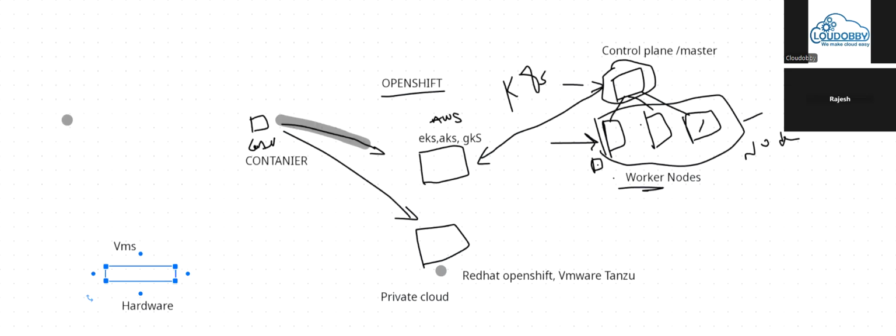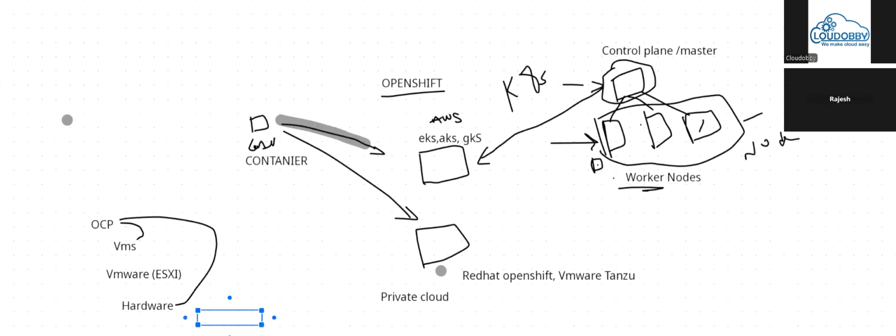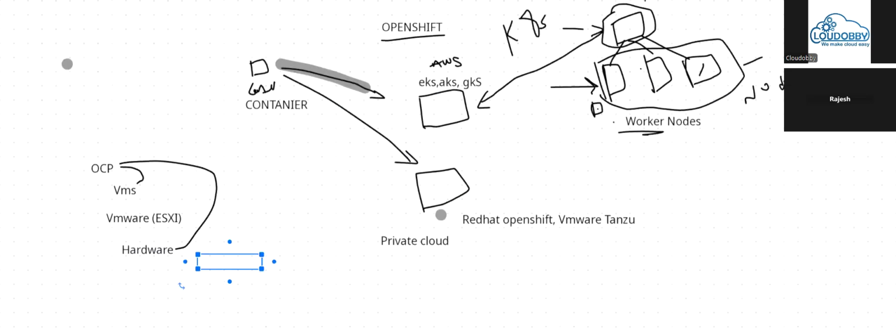On top of these VMs, they will build an OCP platform. OCP can be installed in two ways: one is on top of VMs, the second is on bare metal.